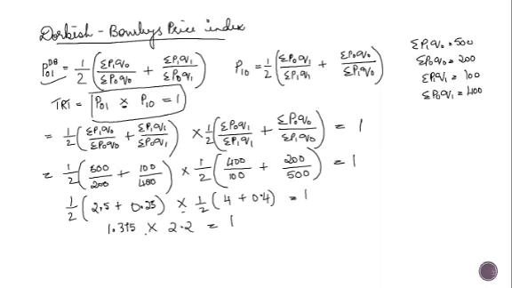Is it equal to 1? 3.025. Okay, good. That means it is not equal to 1. It is proved that Drobisch and Bowley's method does not satisfy TRT. It does not satisfy the time reversal test.